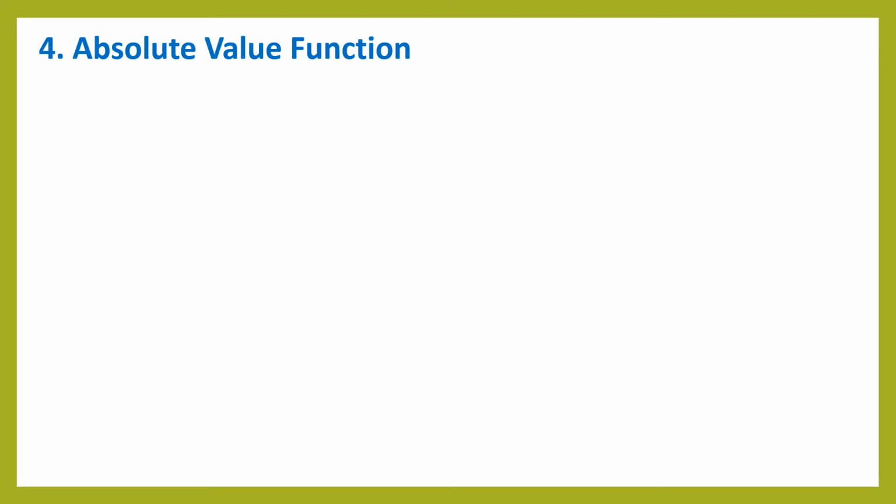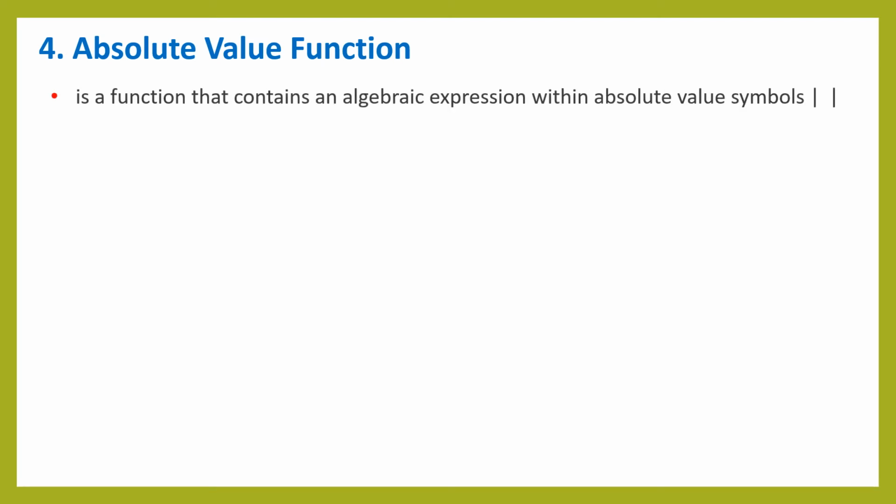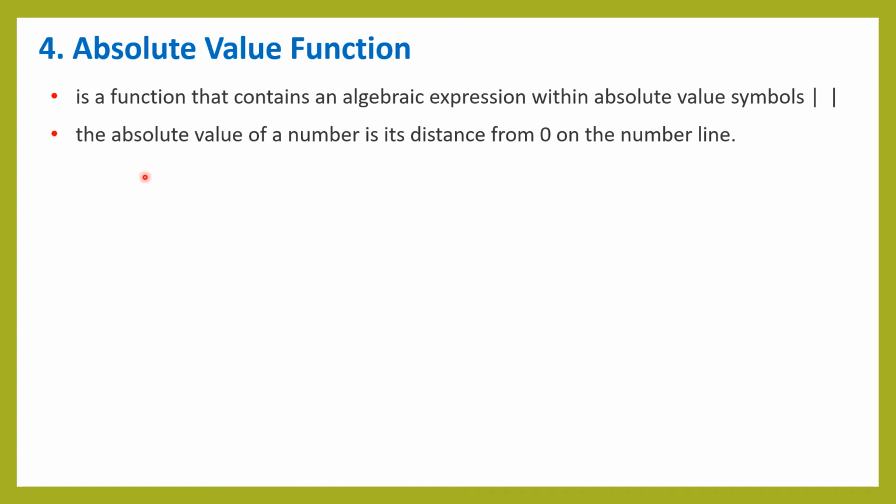Number 4, absolute value function. So, ano ba ang absolute value function? It is a function that contains an algebraic expression within absolute value symbols. So, this is the symbol for the absolute value. The absolute value of a number is its distance from 0 on the number line.